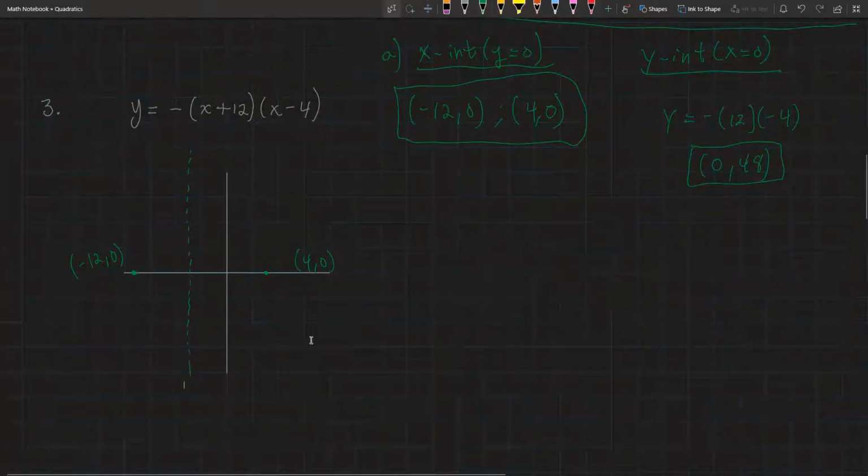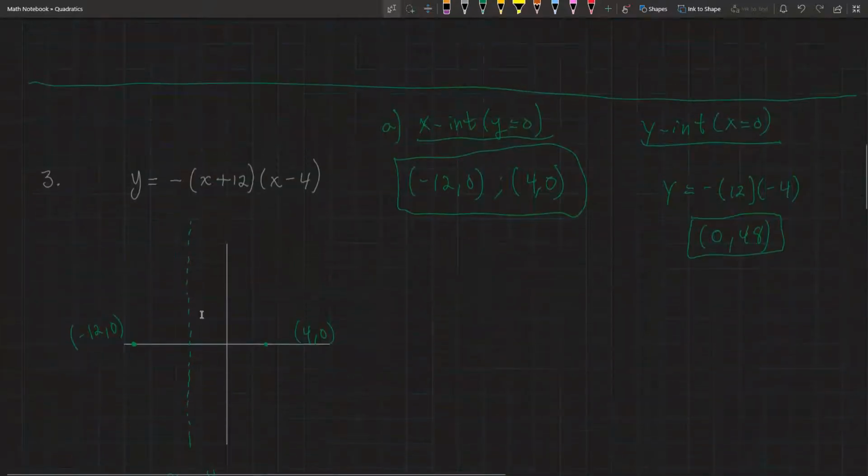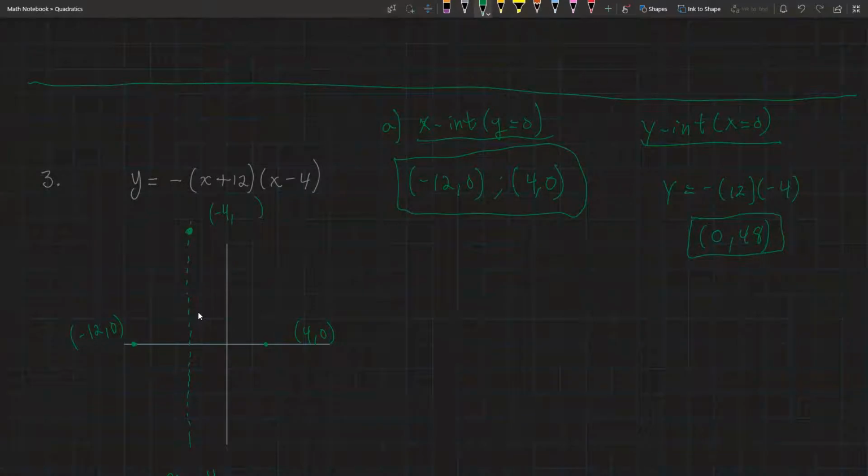All right, so then we know that the midpoint of -12 and 4 would be -8 divided by 2, which is x equals -4. That means there's 8 units to either side of each x-intercept from that line of symmetry. So if our vertex is somewhere up here at -4, some y value that we need to figure out, our picture will look something like this.